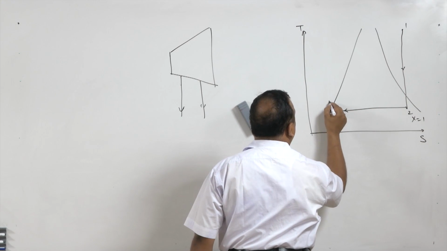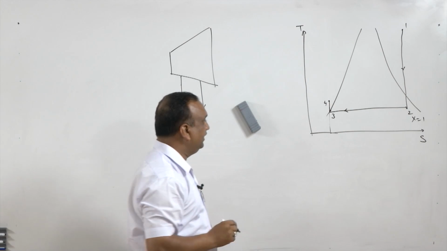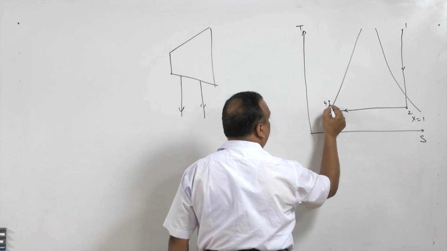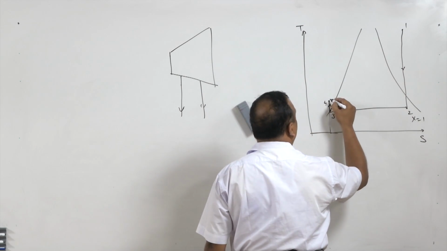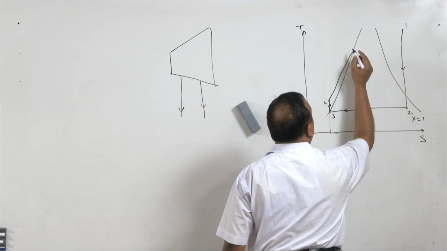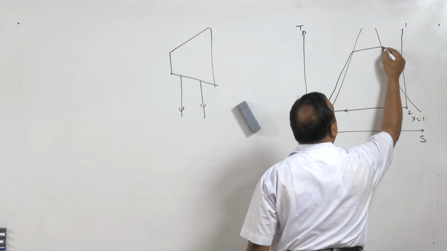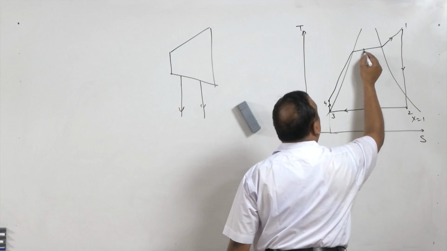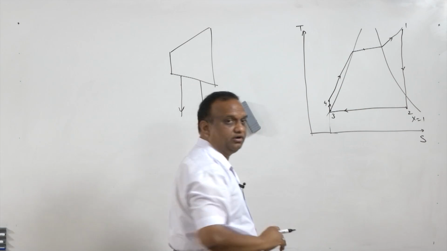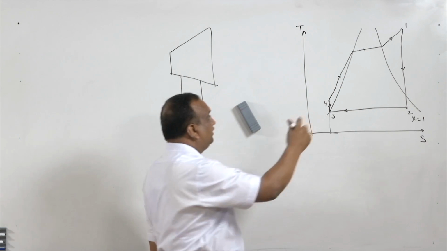So, here 3 to 4 process is taking place in a pump, and after the pump it goes to the boiler, and in the boiler superheating of steam vapor takes place. This is a normal Rankine cycle for power generation with the facility of superheating.